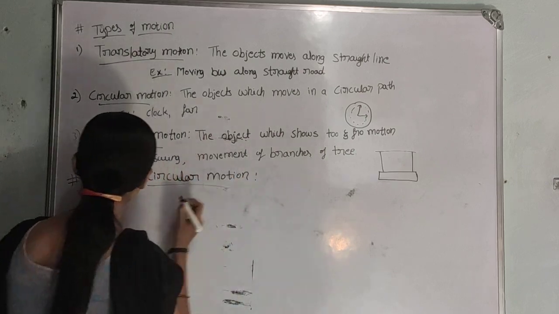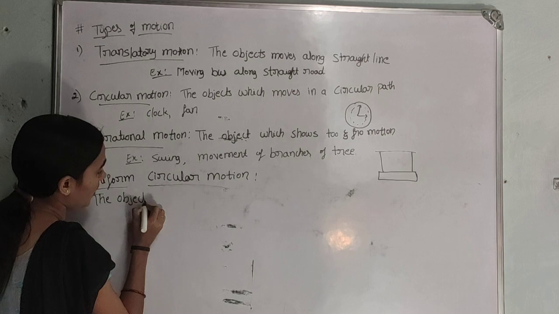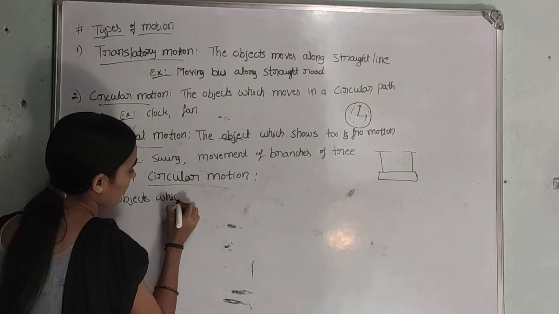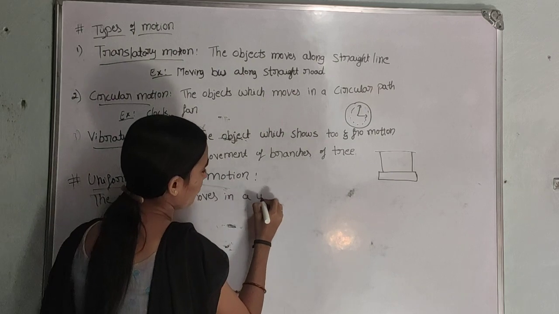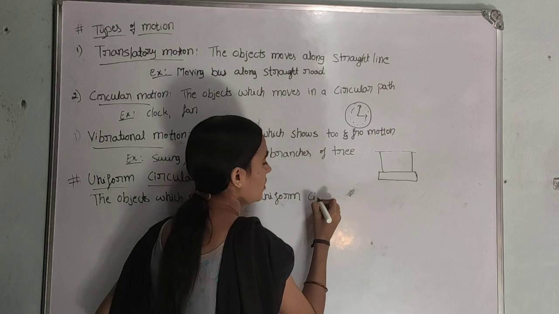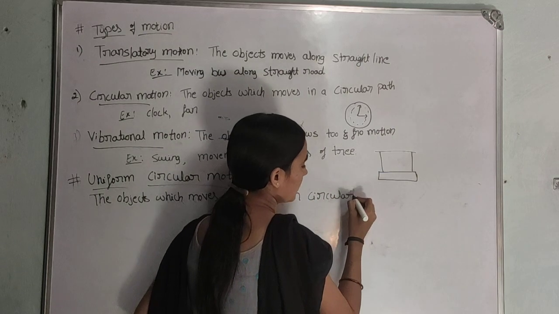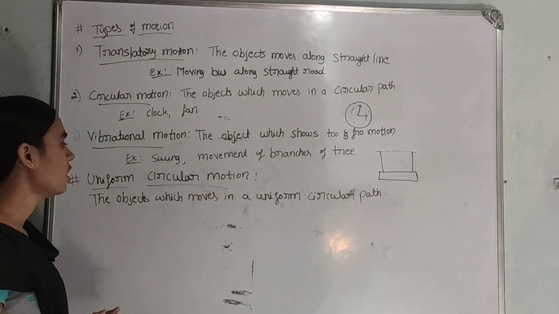I will write it: the object which moves in a uniform circular path, that we call uniform circular motion.